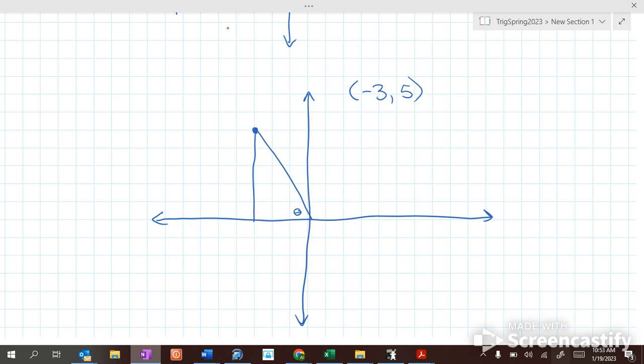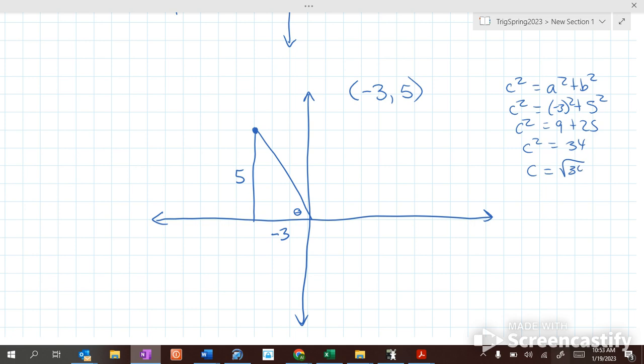Okay? So this is -3, this is 5. How do we find the hypotenuse? C squared equals a squared plus b squared. C squared equals -3 squared plus 5 squared. C squared equals 9 plus 25. C squared equals 34. So C equals the square root of 34.